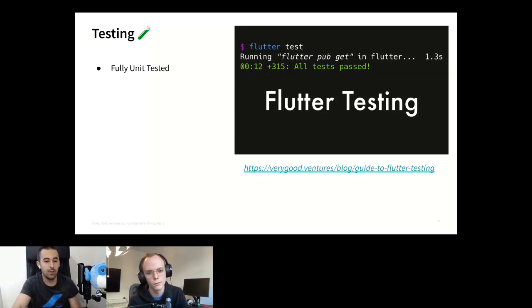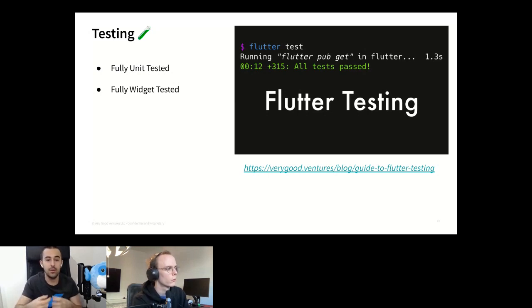That's what we call it. We also have widget testing. Basically, it's how a widget behaves or looks on the screen. For example, if you want to try the behavior when you click a button, you can find the button with widget testing and use it as well.